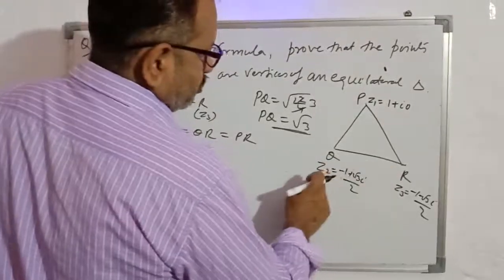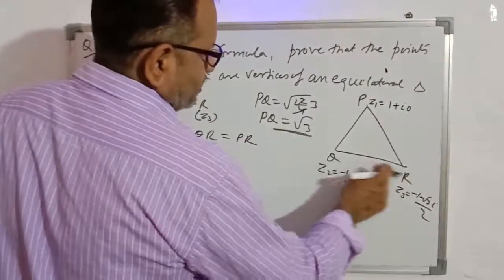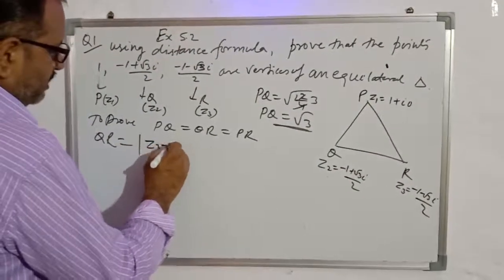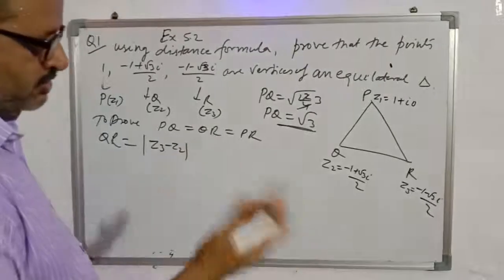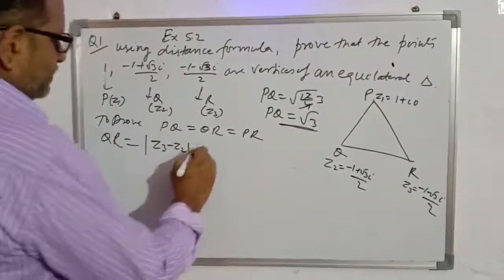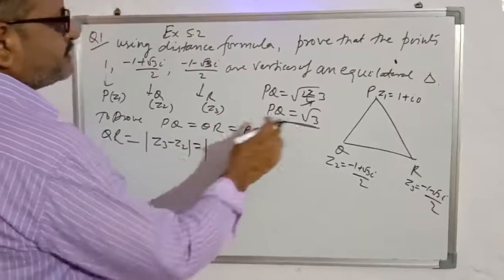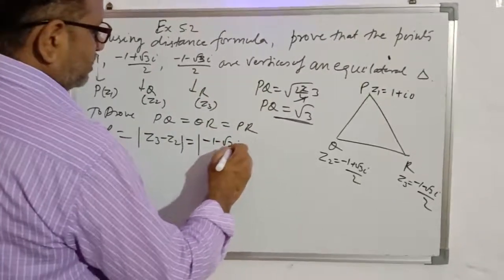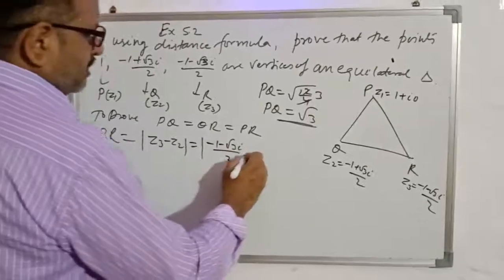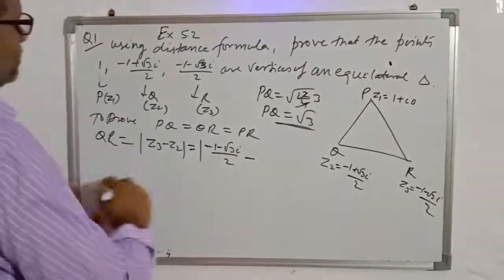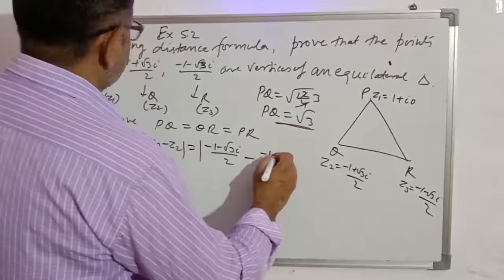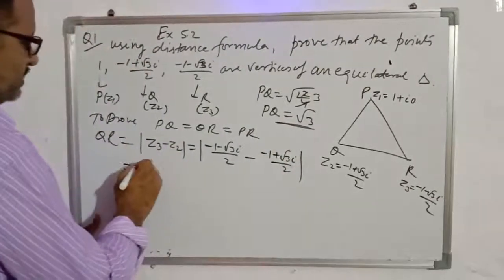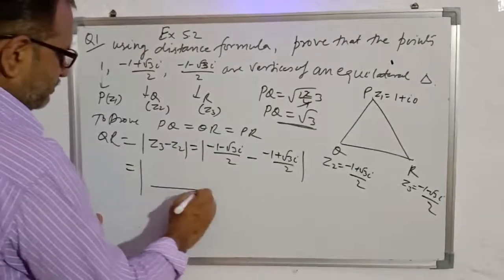QR, Q is Z2, R is Z3. What will be the distance QR? Mod of Z3 minus Z2. You can write also Z2 minus Z3. So Z3 is minus 1 minus root 3i by 2, and Z2 is minus 1 plus root 3i by 2. LCM is 2.